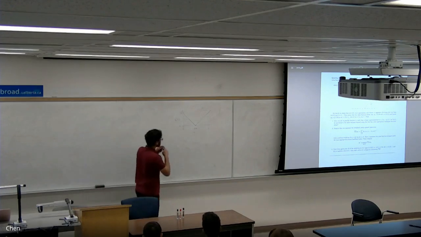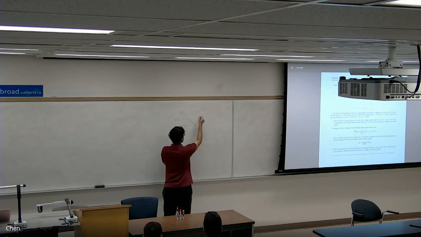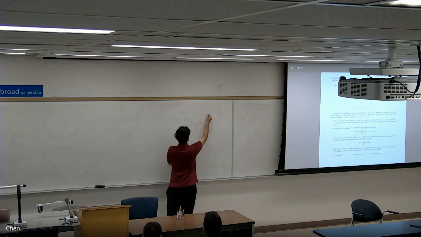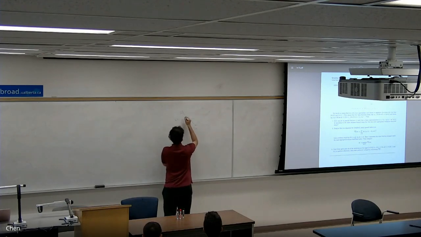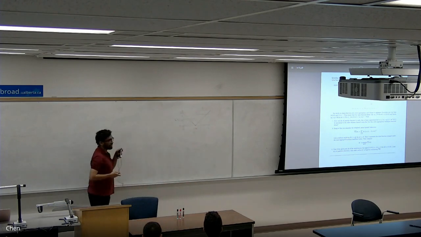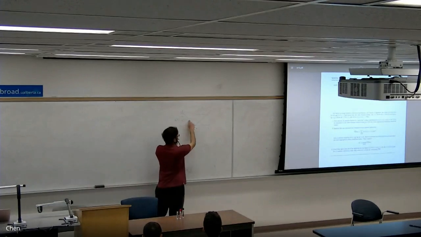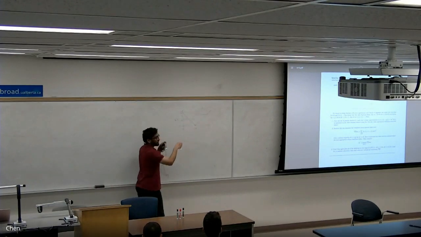Okay, so essentially what we are trying to do is approximate the value function using this. This is W1 and this is W2. The first question asks us to create features that can approximate this type of function.